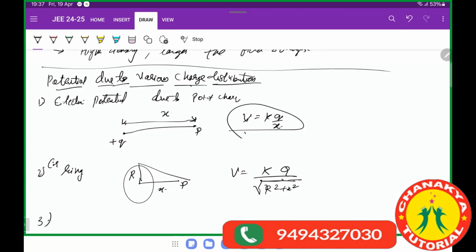Then the third one, this is a ring, this is a disk. Calculate this.